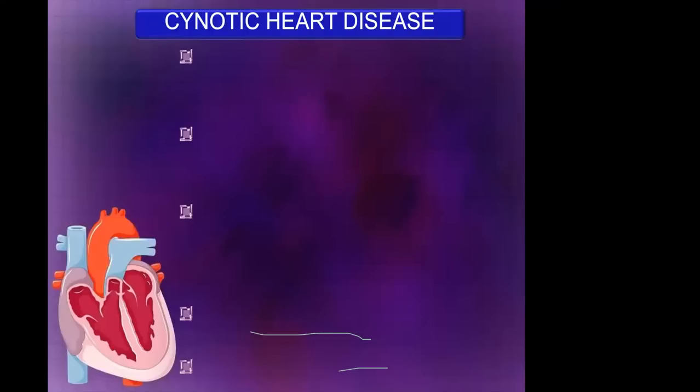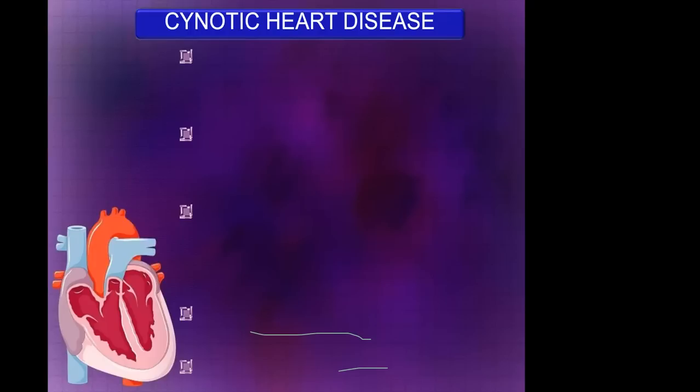So what are those TTT? Tetralogy of Fallot. Wonderful. Tricuspid atresia, TGV. Okay. So what happens is these are those defects which tend to increase or decrease the pulmonary blood flow.